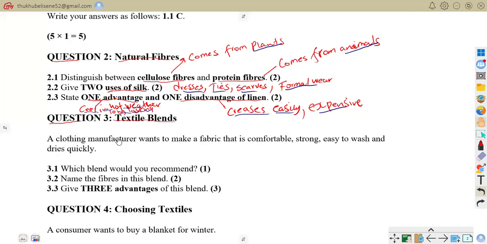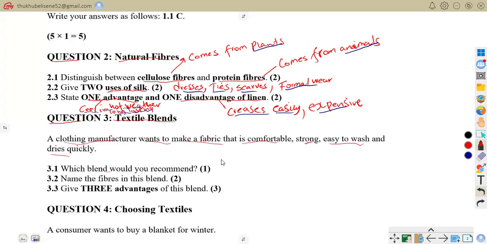As it says, a clothing manufacturer wants to make a fabric that is comfortable, strong, easy to wash, and dries quickly. Then 3.1 says, which blend would you recommend?